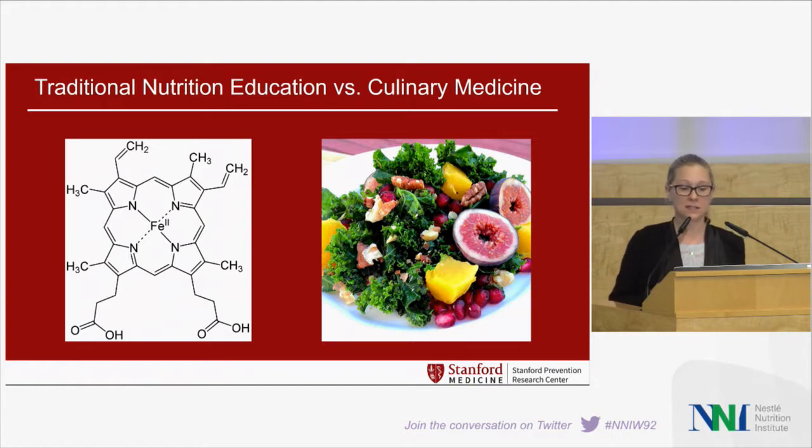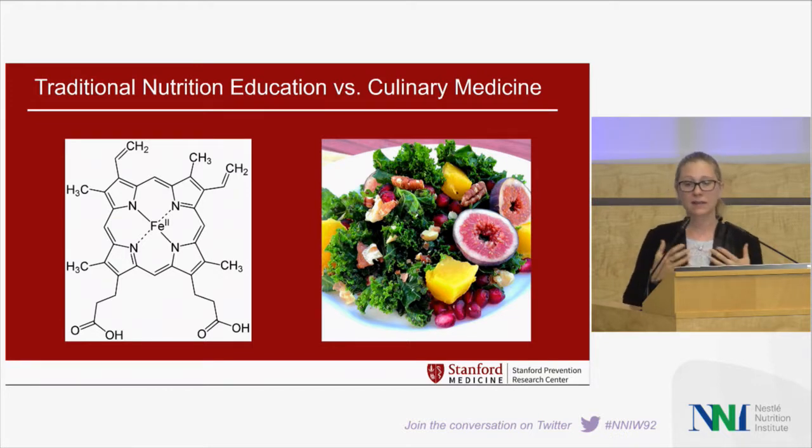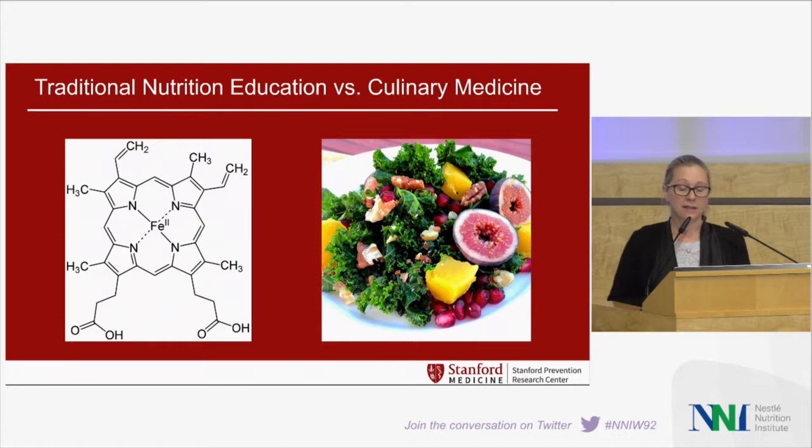So culinary medicine versus traditional nutrition education may be the difference between saying, you have this heme molecule with iron in the middle of it on your left, and you might talk about how it got there, and that go ahead and just eat a lot of red meat because that's the best way to get it, and there's a huge epidemic of iron deficiency in the world.